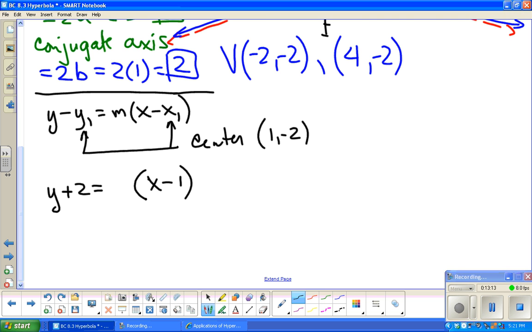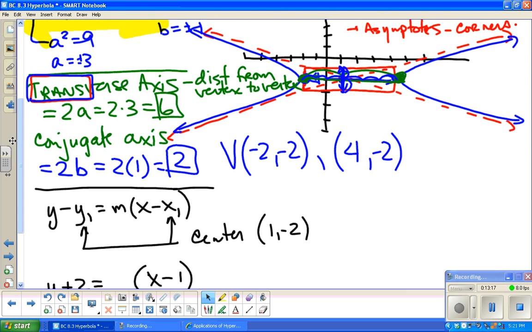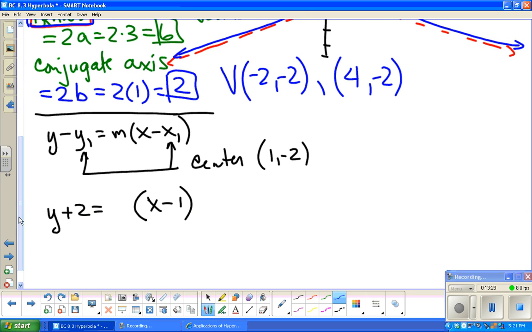The slope, we can count off the graph, but watch this. If I start at the center and go to a corner, I would go up 1 and over 1, 2, 3. Well, 1 and 3, that was just a and b, depending on which one's which.